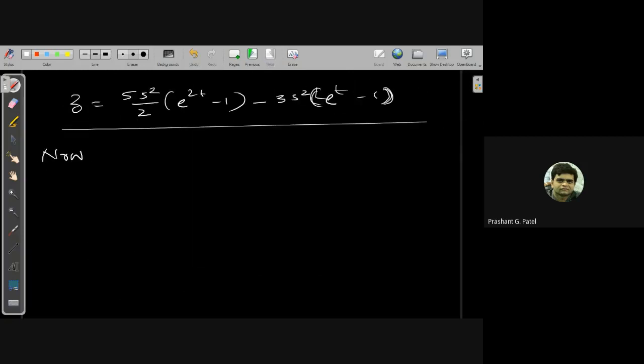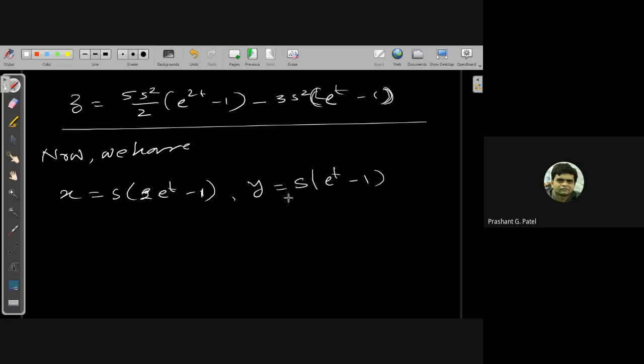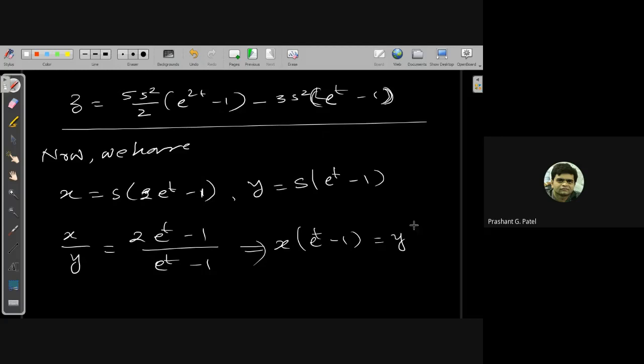Now we have x equal to s into 2 times (e power t minus 1), y equal to s into (e power t minus 1). So x by y will give me 2 (e power t minus 1) upon (e power t minus 1). So it is x into (e power t minus 1) equal to y into 2 times (e power t minus 1).